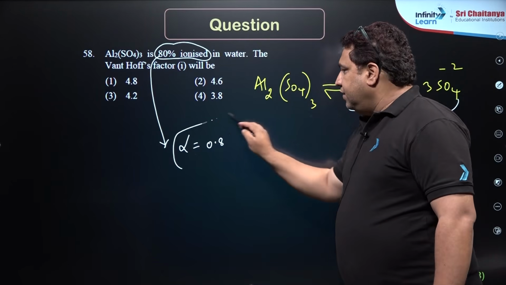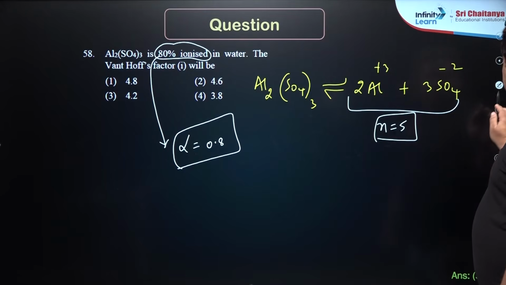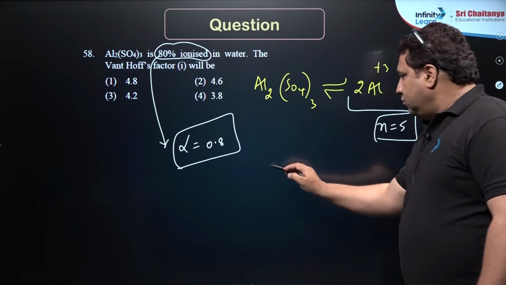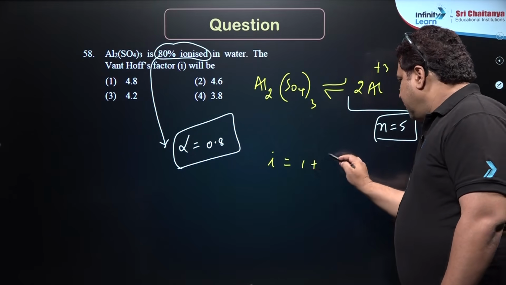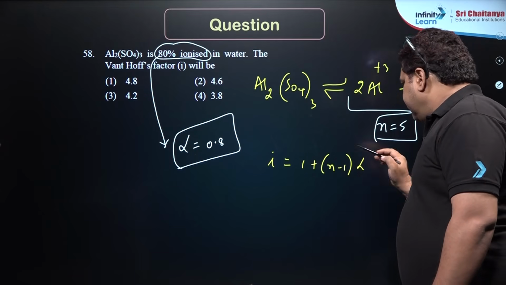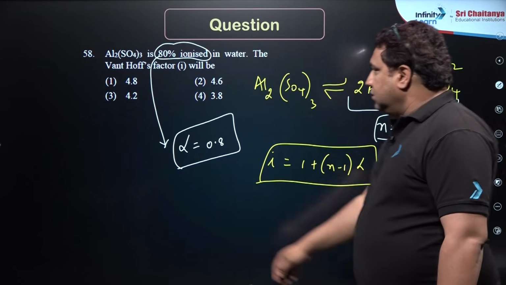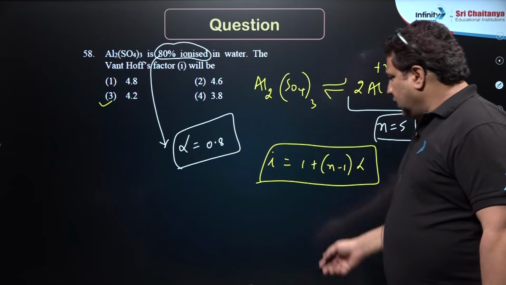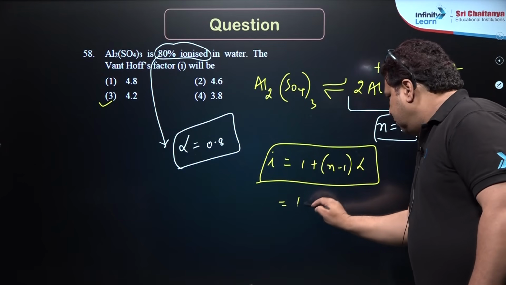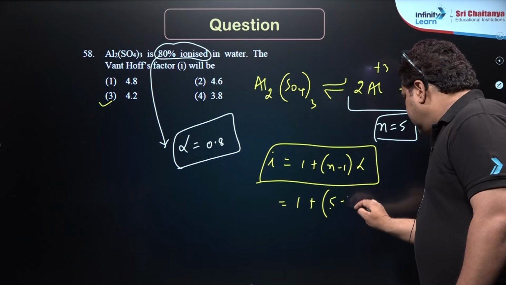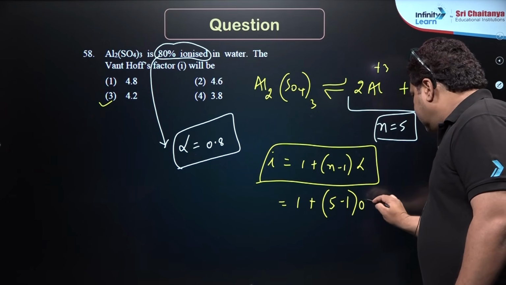So here we got alpha, here we got n. Now i is equal to 1 plus (n minus 1) alpha. If you substitute 1 plus (5 minus 1) times 0.8, you will get the answer 4.2.